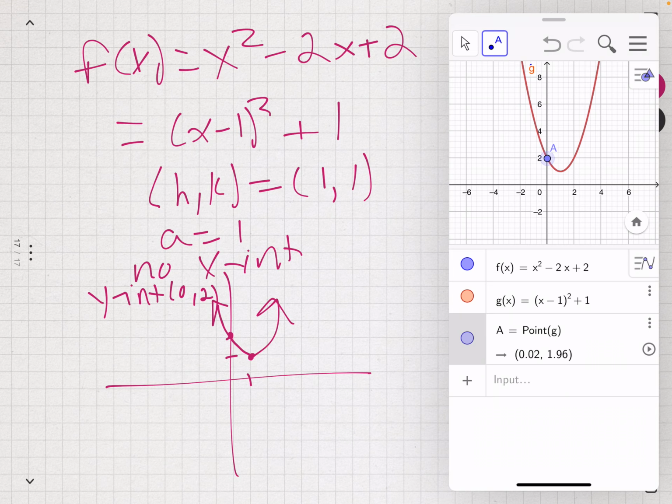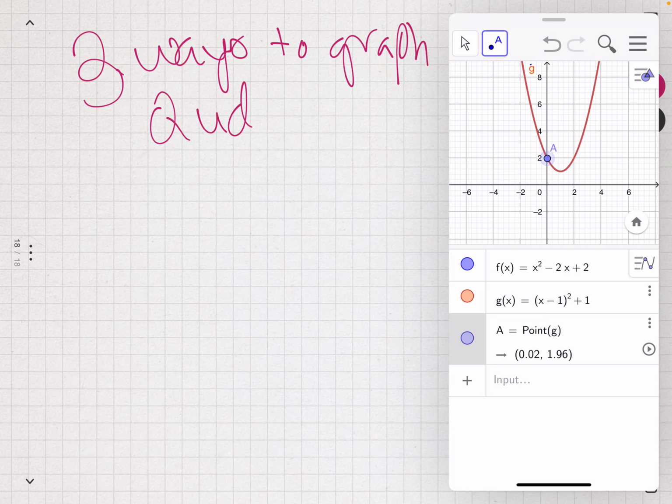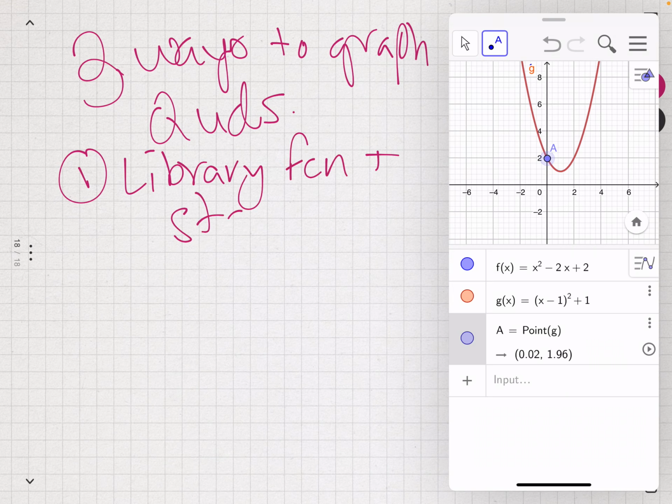So first we can start from our library functions. So we have 2 ways, and actually I'm going to say 3 ways to graph quadratics. The first is library function and standard form.